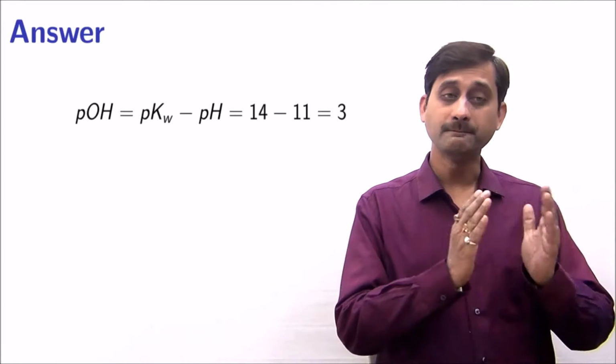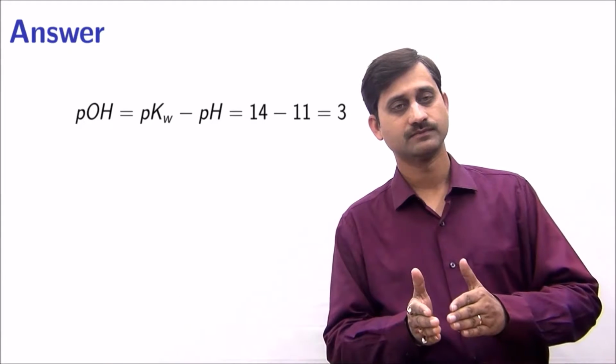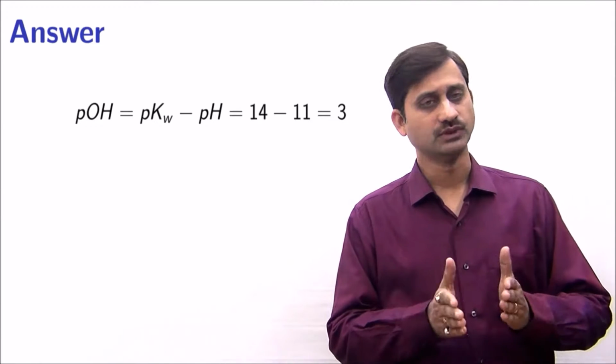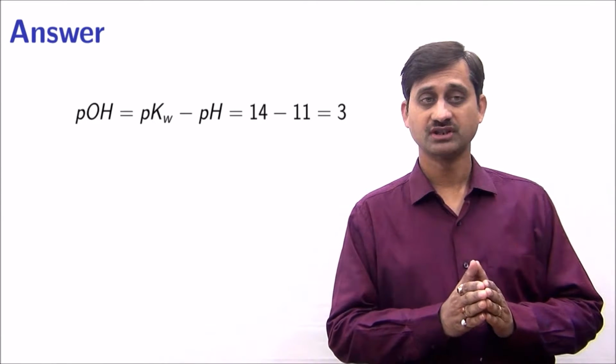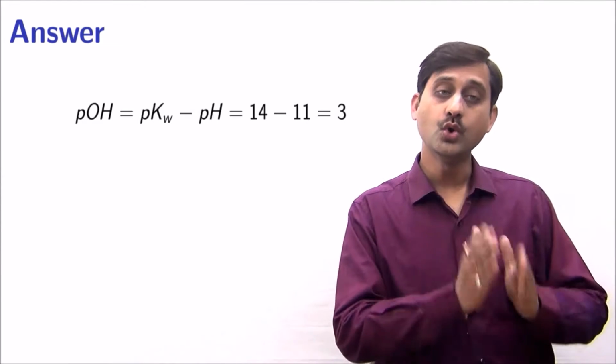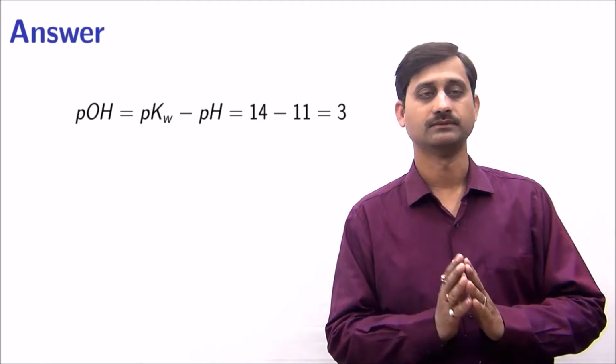Now we know pOH is equal to pKw minus pH. Taking the temperature 298 Kelvin, pKw is 14 and pH given in the question is 11. So we get pOH as 3.